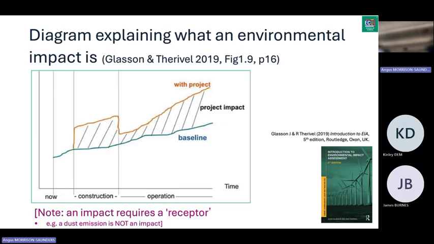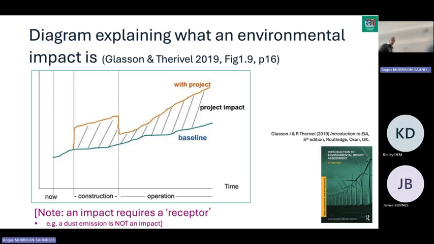The actual level of impact is a bit lower than during construction, but it's still there, and in this case it seems to be growing over time. I don't know what this development is or what the impact is, but the point is that we wouldn't have that project impact if the project had never happened.